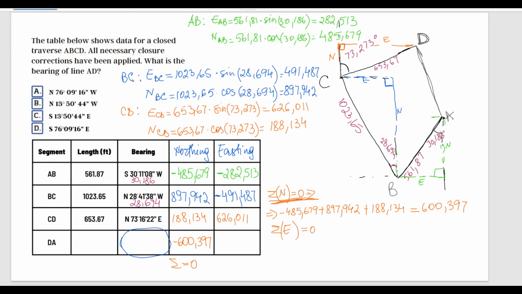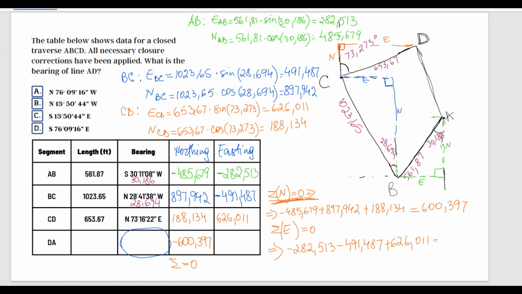And from here, I'm going to calculate the value for the easting of DA. So I'll get minus 282.513 minus 491.487 plus 626.011 equals, let's see what we get here.